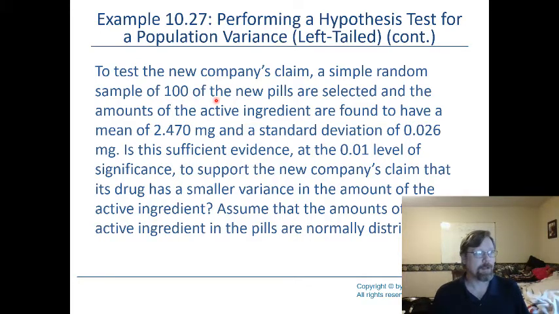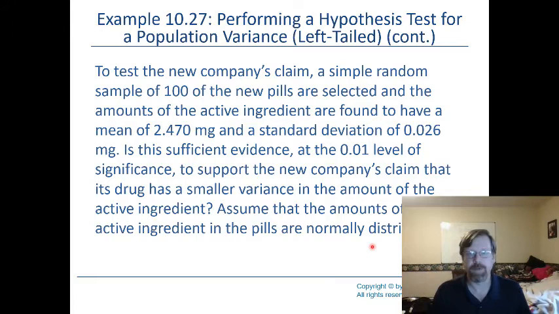They had a mean of 2.470 milligrams and a standard deviation of 0.026. Is this sufficient at the 0.01 level of significance to support the claim that they've got smaller variance than the original company? Let's assume that the amount of active ingredient is normally distributed.